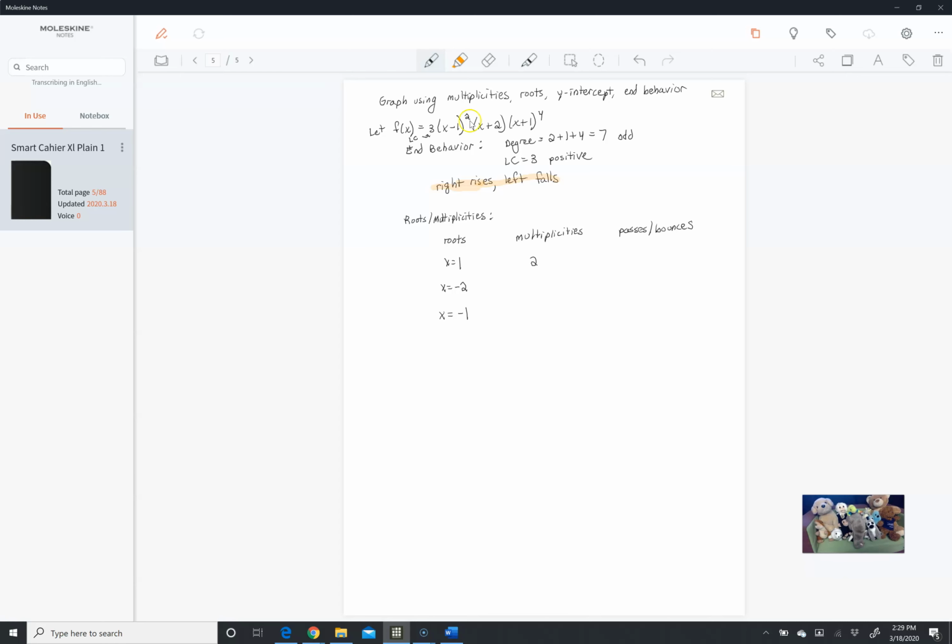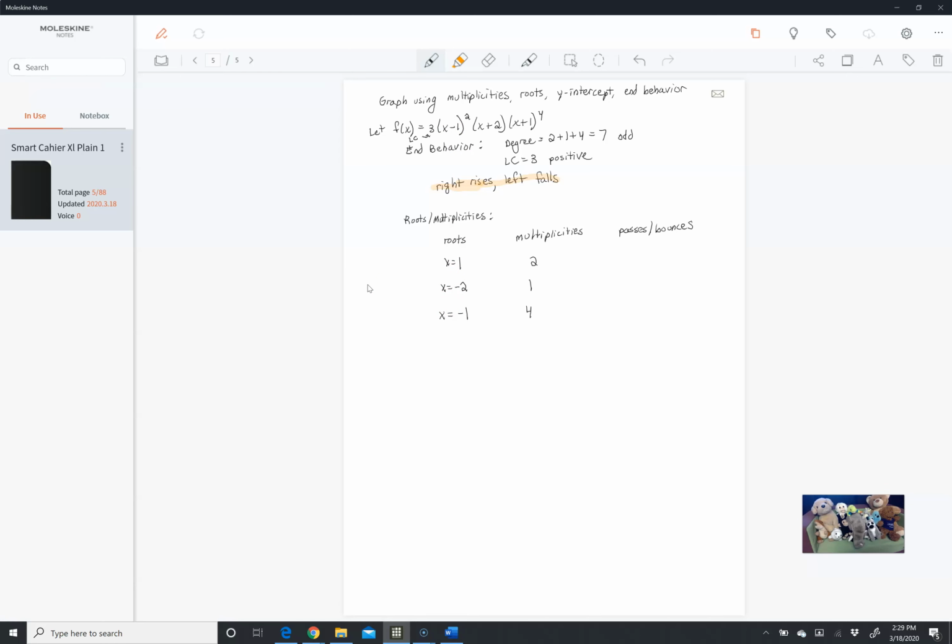The multiplicity of x equals negative 2 is 1. There is no power, so it's just 1. And the multiplicity of x plus 1 is 4. So notice that this is x plus 1, but our root is x equals negative 1. This is x plus 2, but our root is x equals negative 2. And this is x minus 1, but our root is positive 1.